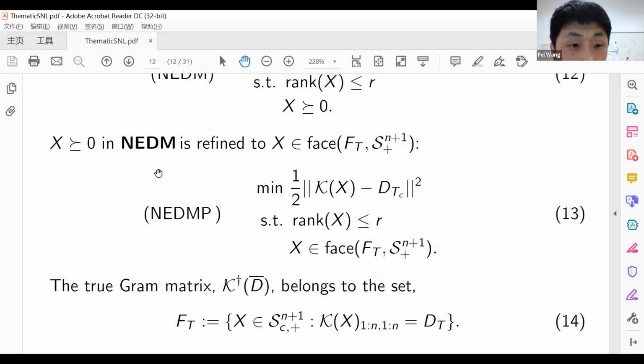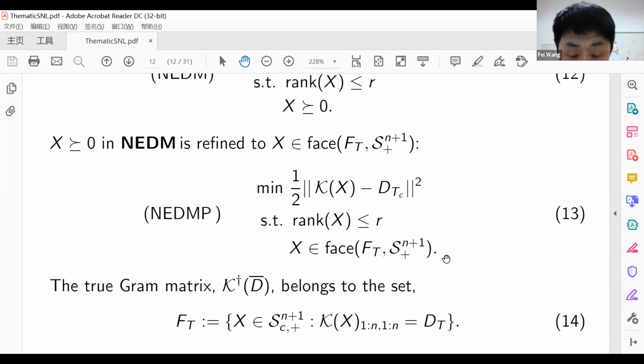In addition to the nearest EDM formulation, we require X to be in this face.